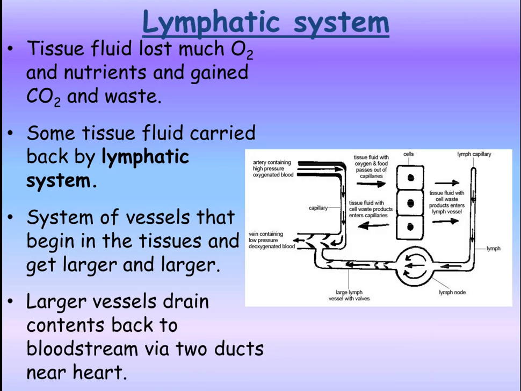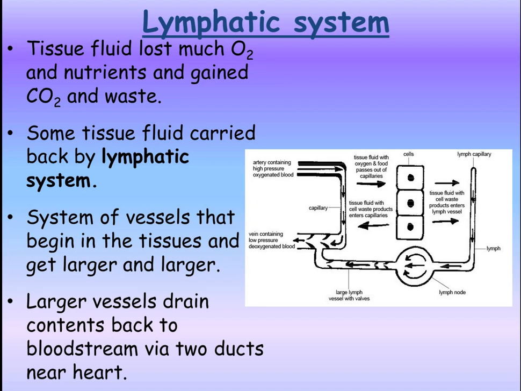So the tissue fluid isn't really, by this point, a great environment, because it's lost a lot of the oxygen to the cells. It's gained a lot of carbon dioxide and waste. So some of the tissue fluid, because you don't just want it to stay there, is carried back by the lymphatic system.